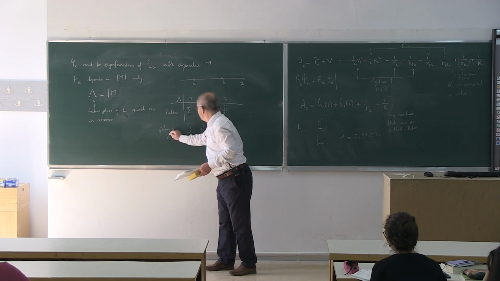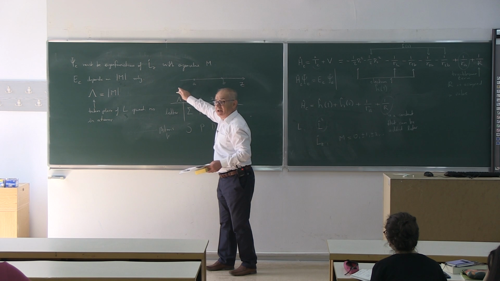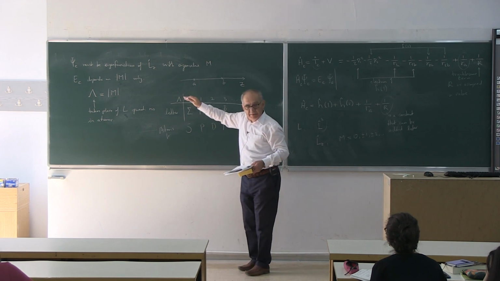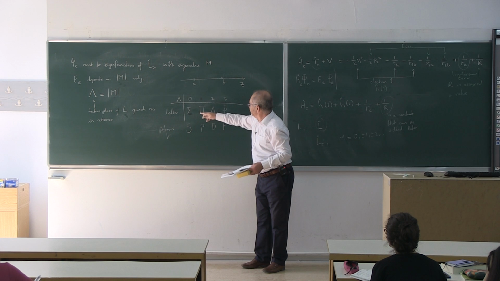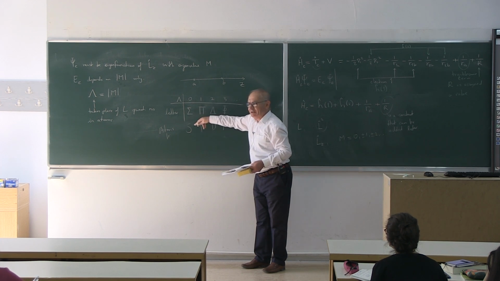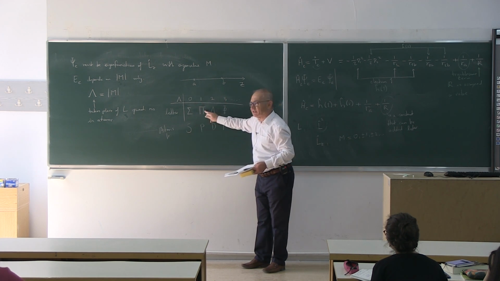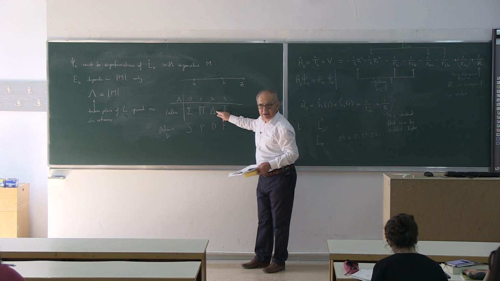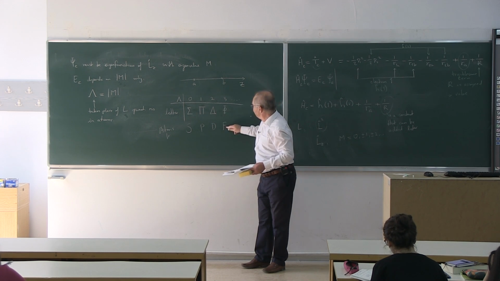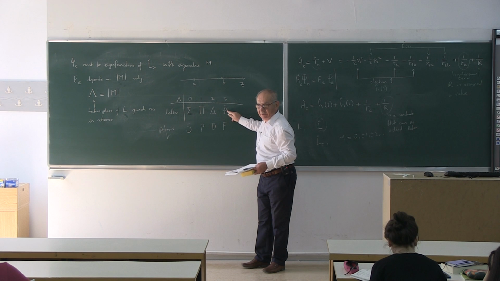If you compare the pronunciation of these symbols, this is S, this is sigma, starts with S. This is P, this is pi, starts with P. This is D, this is delta, starts with D. This is F, this is phi.